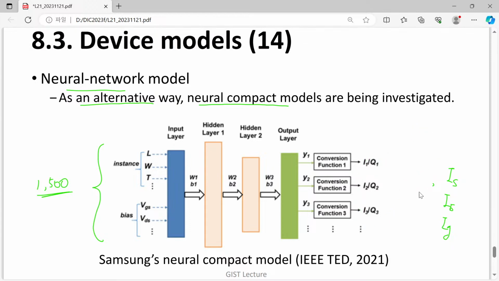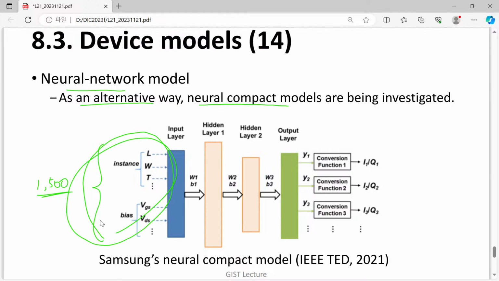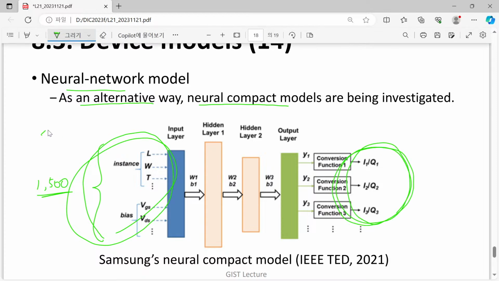So it can be considered as a supervised learning problem. We have so many input parameters. Which one is important? I don't know. And we have so many experimental data, so they can be used for this training and validation. We just insert our parameters, length, width, thickness, or bias conditions, and this neural network will give you certain numbers.